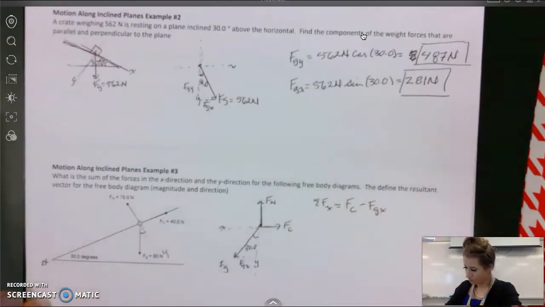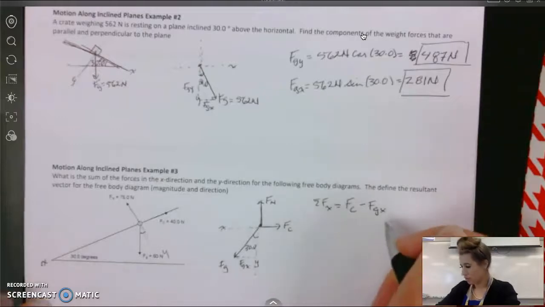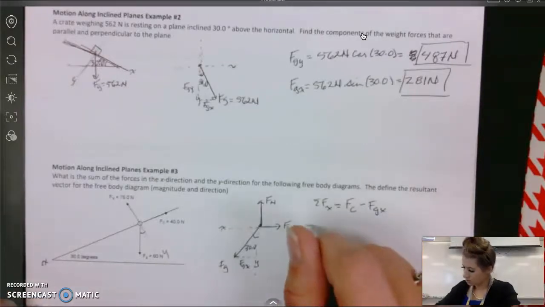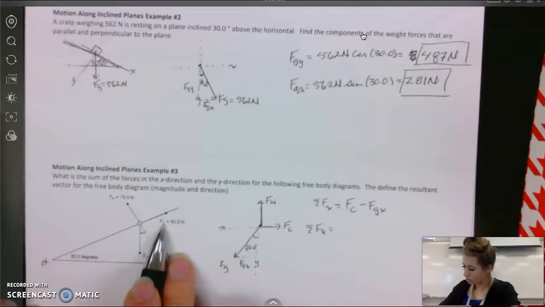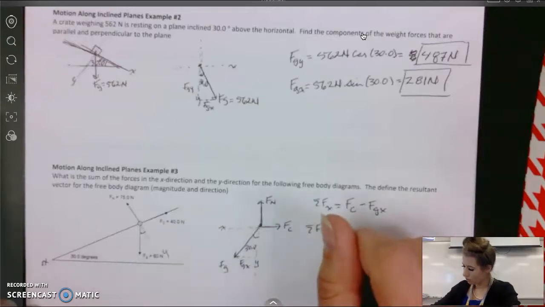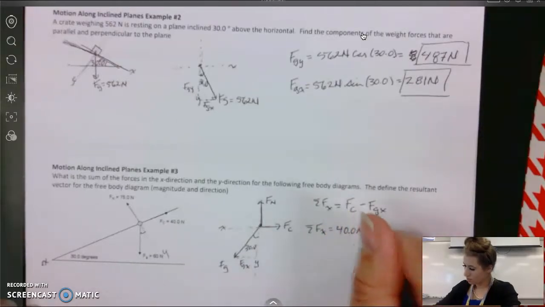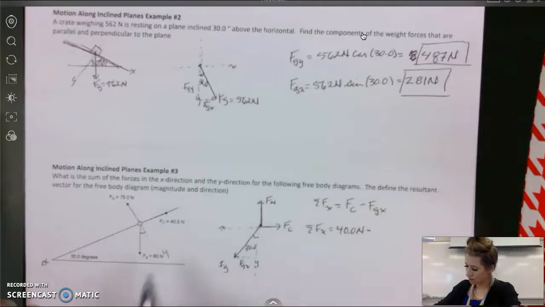Now, let's plug in what we know about this. We know that this contact force, or whatever I have going on here, that's 40 newtons. And we're minusing this by force due to gravity in the x, right?